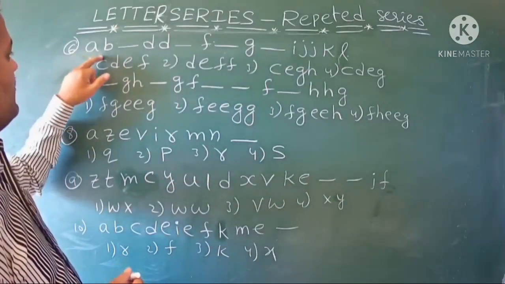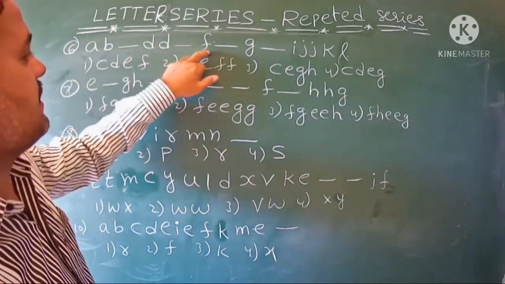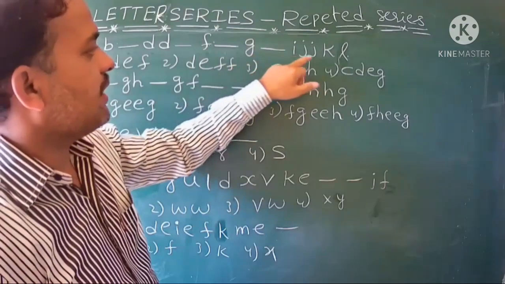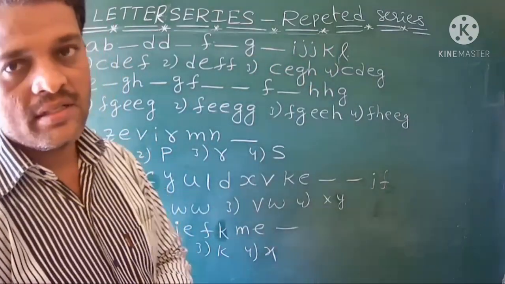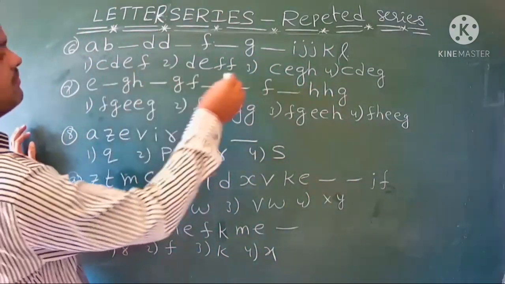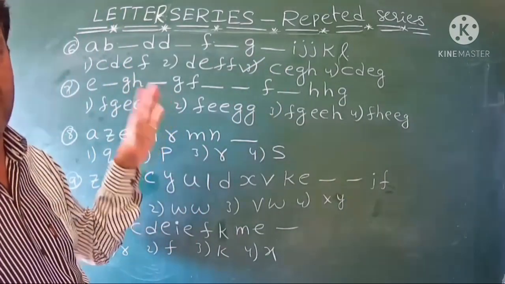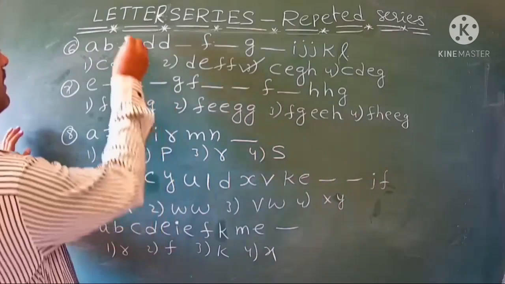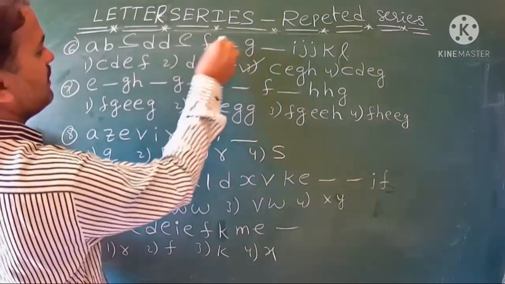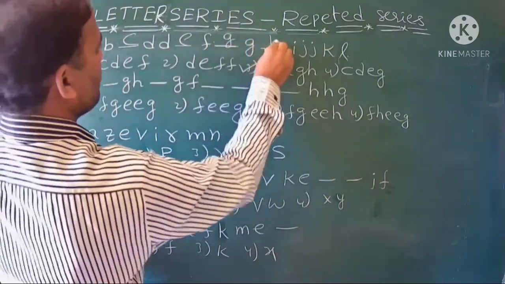Sixth question: AB dash DD dash F dash G I J J K L. The suitable option is the third option; you have to practice. Substitute C E G H only.